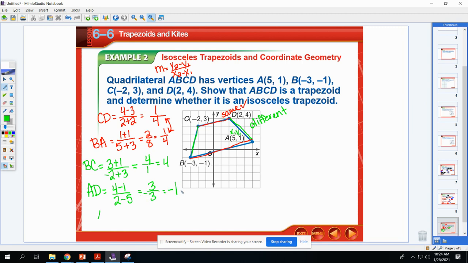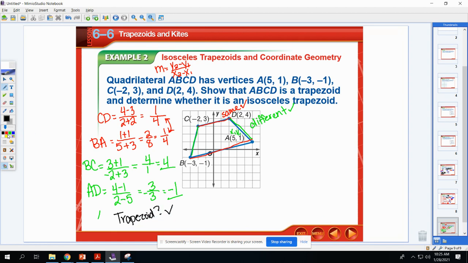So we get a slope of negative 1. As you can see, 4 and negative 1 are not the same slope, which means they are not parallel to each other. So we can check off that box as well. Everything we have just done tells us that this is, in fact, a trapezoid. Yes, this is a trapezoid.